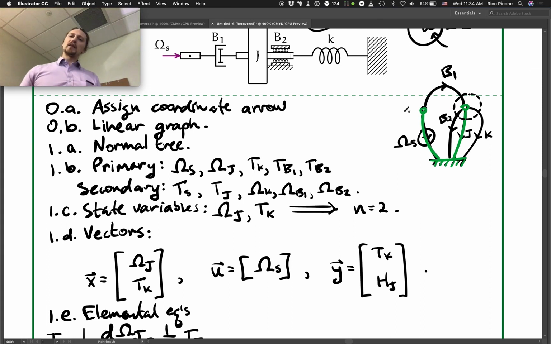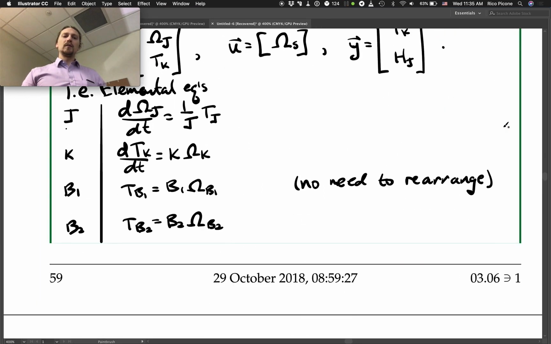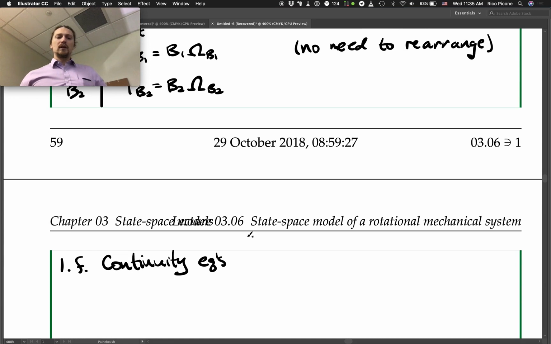The torque that is leaving the contour, torque J, must be equal to all the torque going into the contour. So TB1 is going in, minus TB2, minus TK, is equal to TJ.